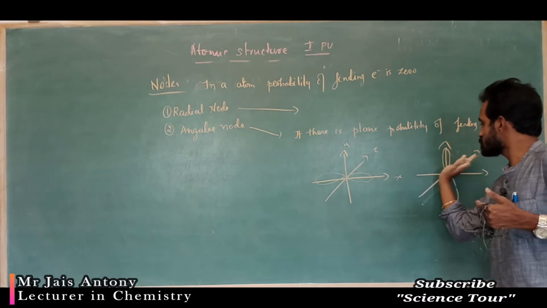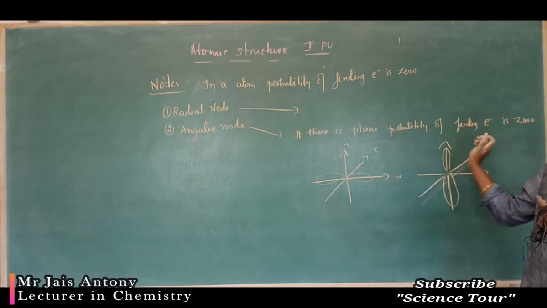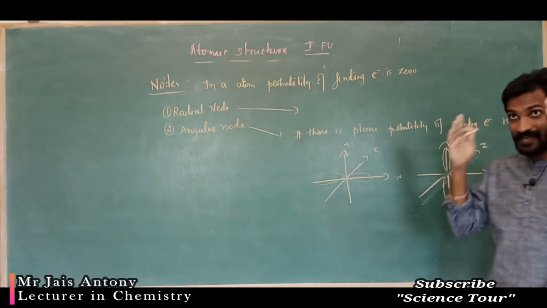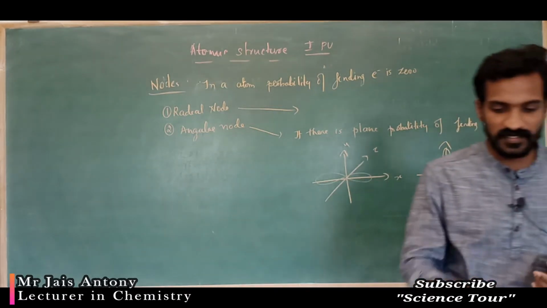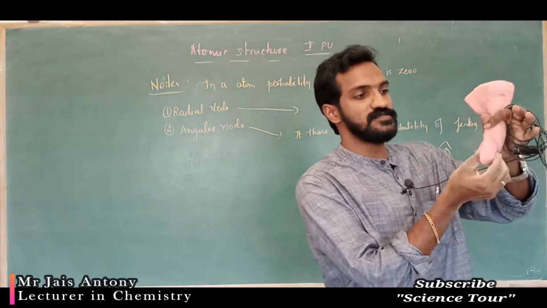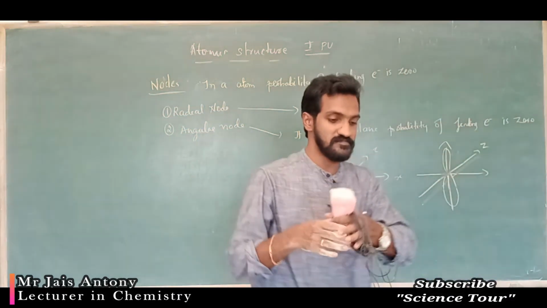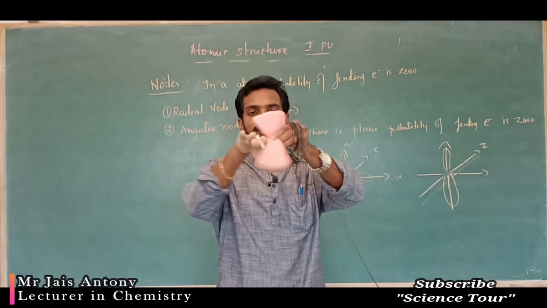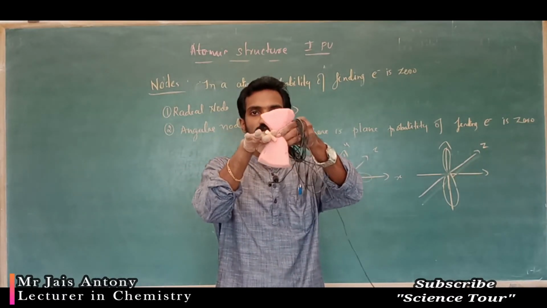Here I can use a plane through the z axis, one plane like this. Understood? First plane, second plane like this. So imagine in 3D you are passing something like this. So the plane can pass through this space, correct?